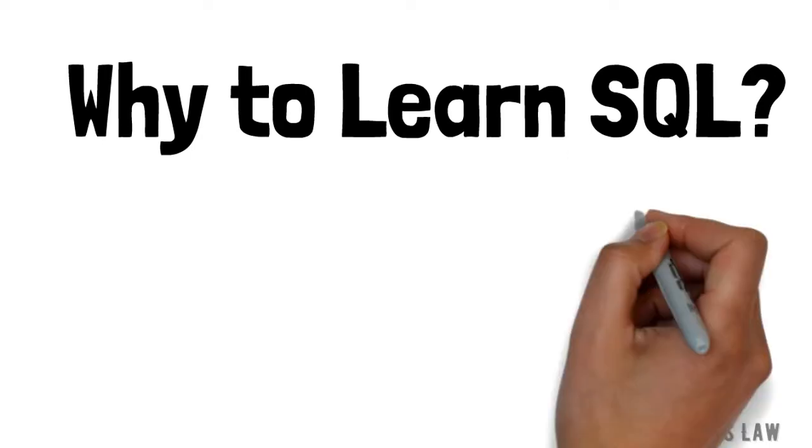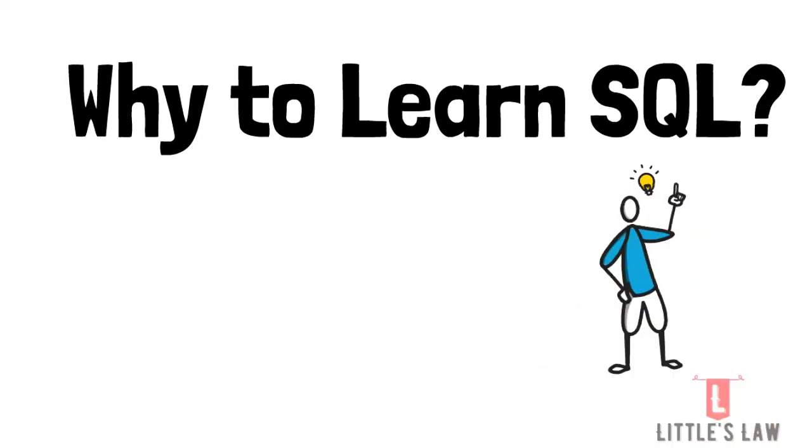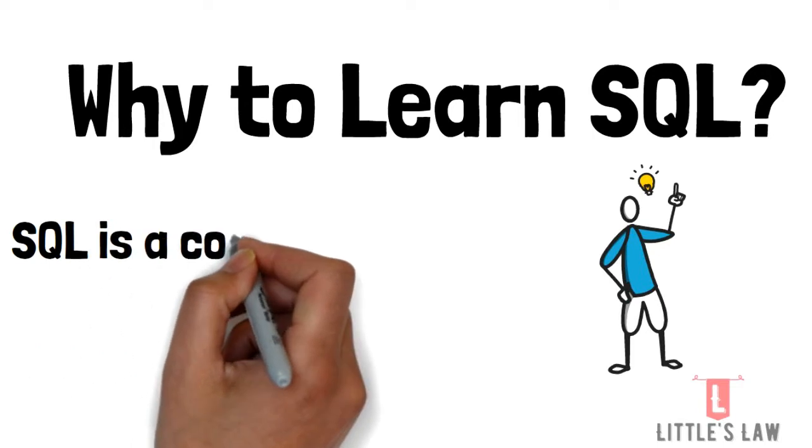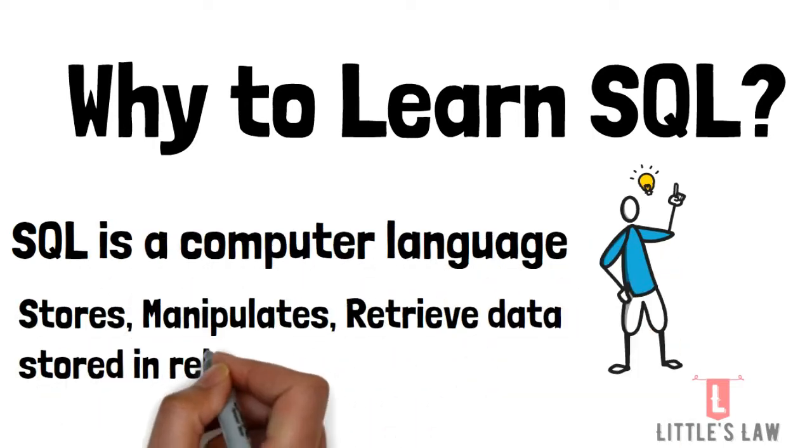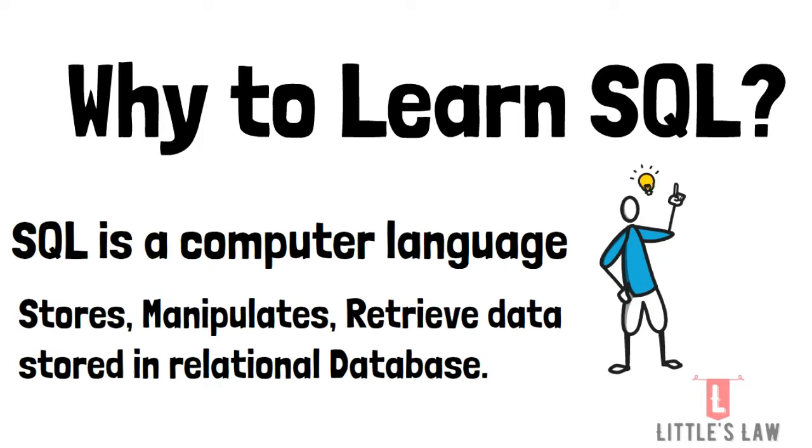So first, before we see how it works, let's see why should we learn SQL. SQL is a structured query language which is a computer language for storing, manipulating and retrieving data stored in a relational database.